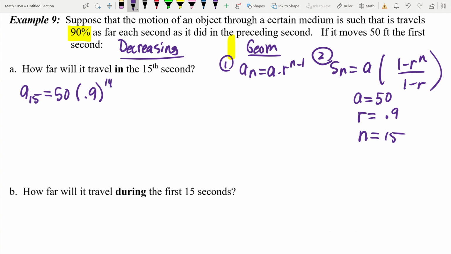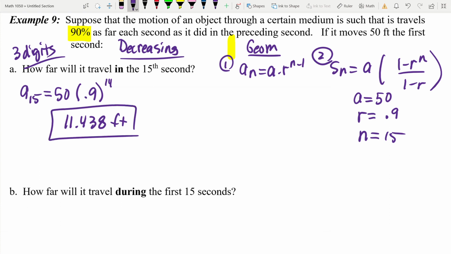So go 50, parenthesis, 0.9, close it off, raise it to the 14th, hit enter, and we're going to round it 3 digits. Okay, so that's going to be 11.438, and that is going to be feet.